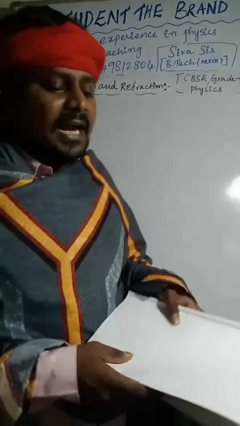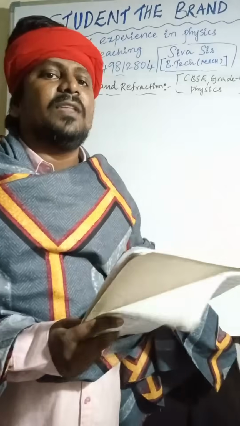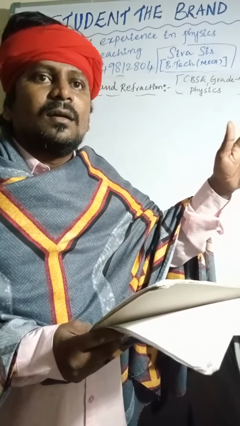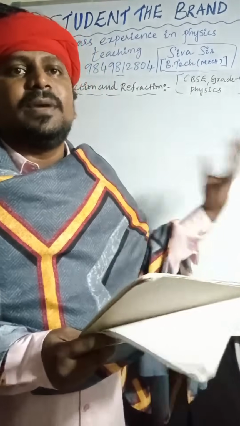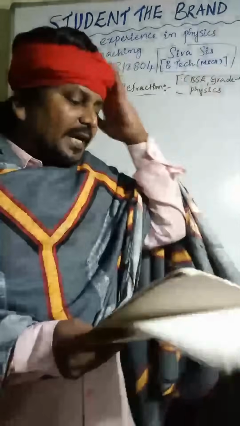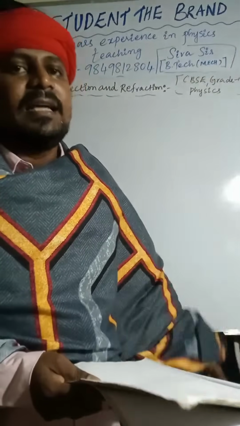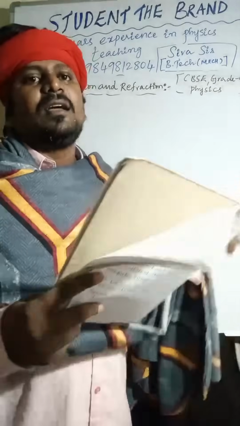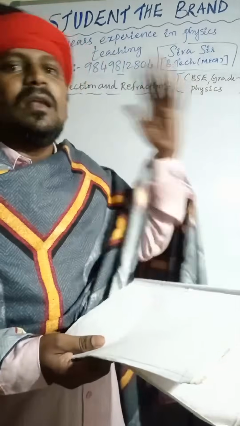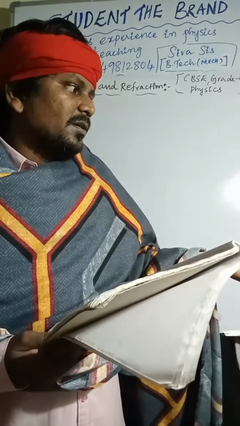A person is standing in front of a mirror. His head is small, so convex mirror. Body is bigger, so concave.